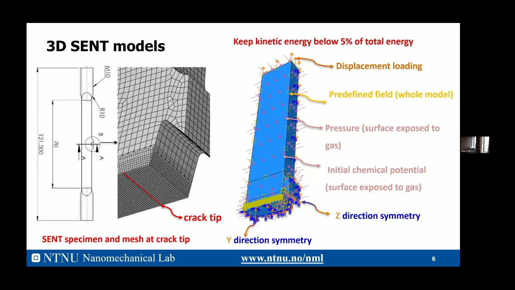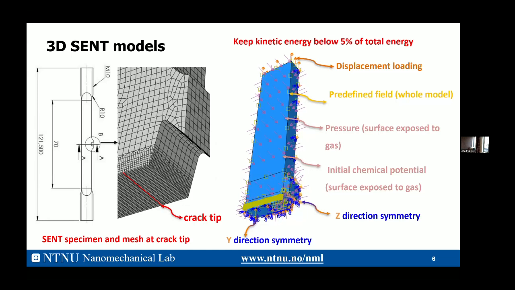Here is my simulation model. The left figure is about the geometry and the element mesh of the specimen. And the right figure is basically the boundary condition of the specimen: two directions of symmetry and displacement loading at a constant speed.